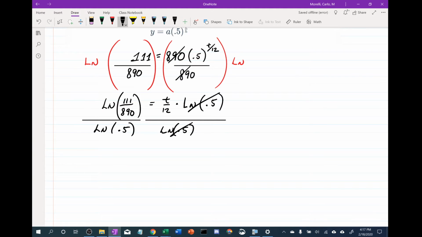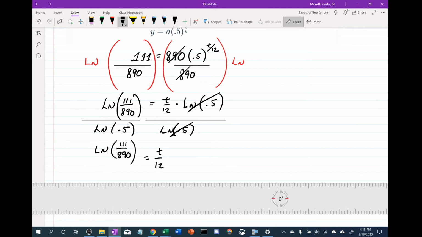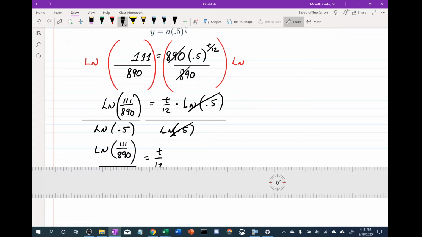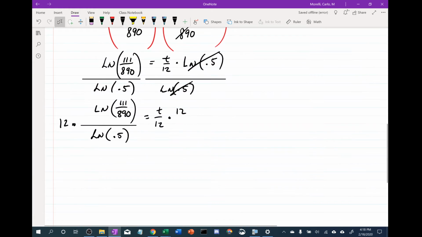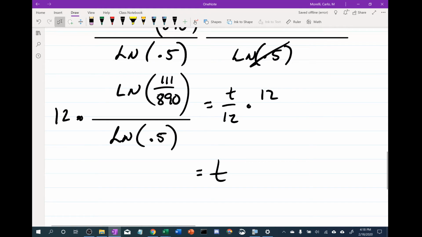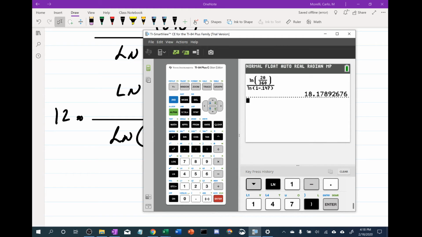And so t over 12 equals ln of 111 over 890 all over ln of 0.5. And we just have to multiply out the 12 to finish it off. So t is equal to this whole thing put in the calculator, which we'll do now.